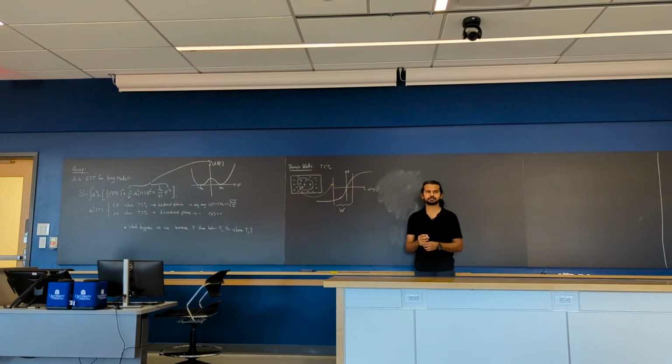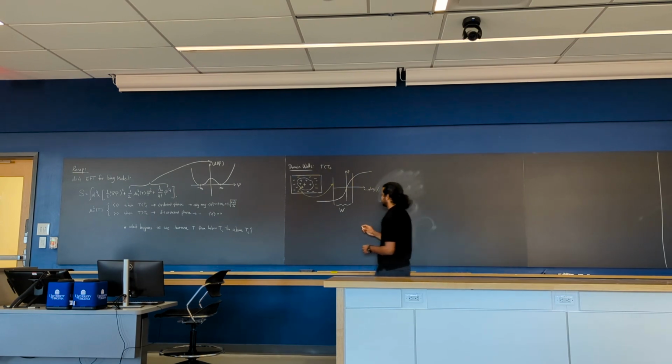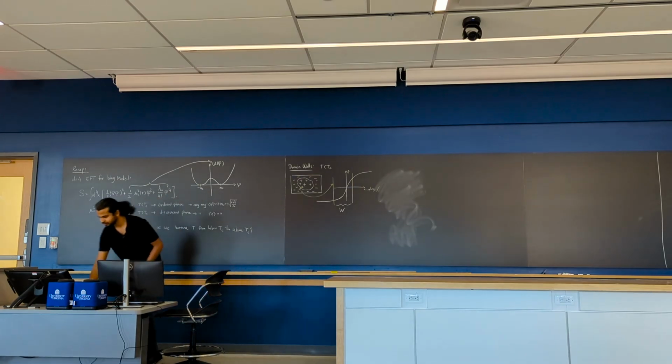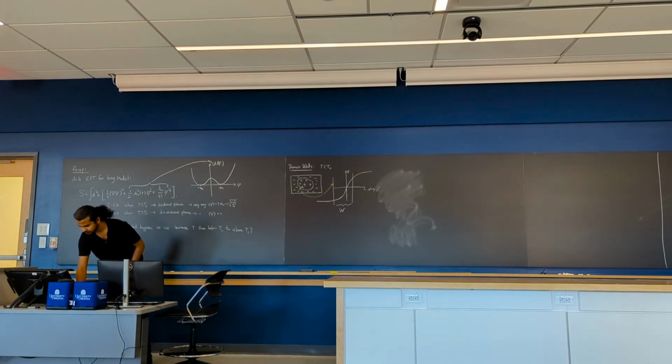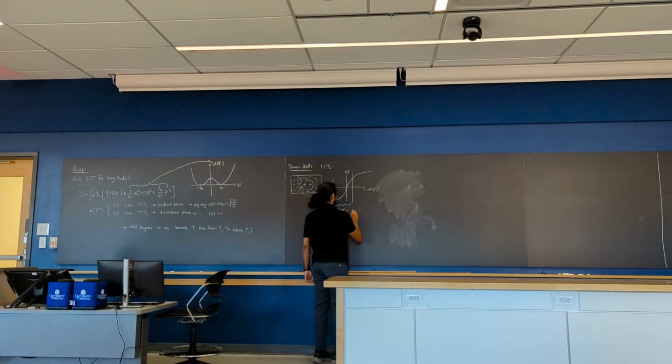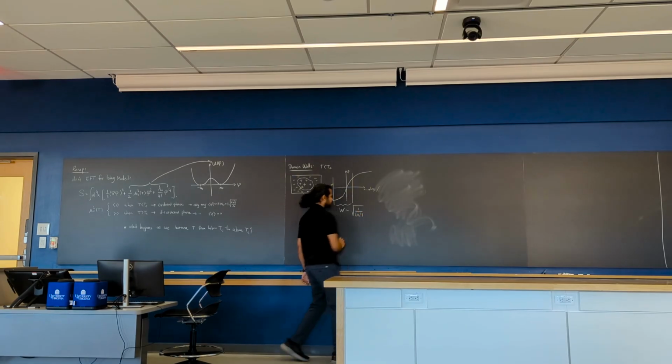Last time we also computed how much this width should be. I cannot remember exactly, so let me just look it up. Right, so the width was like the square root of mu0 squared, absolute value.